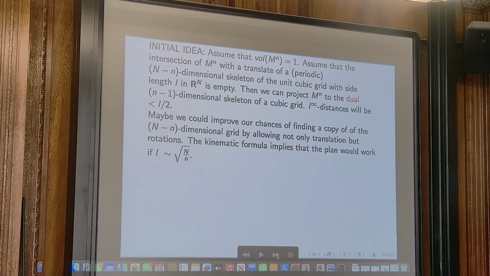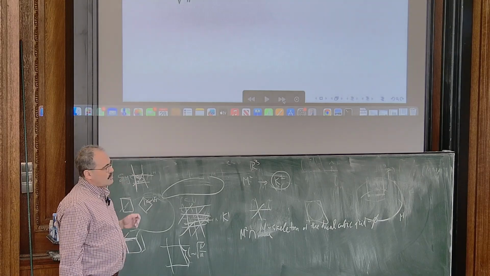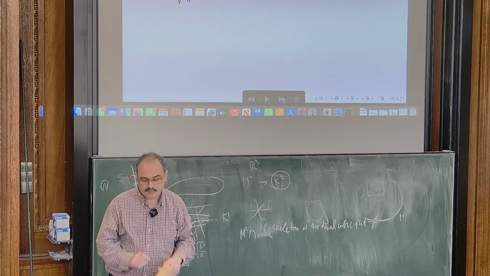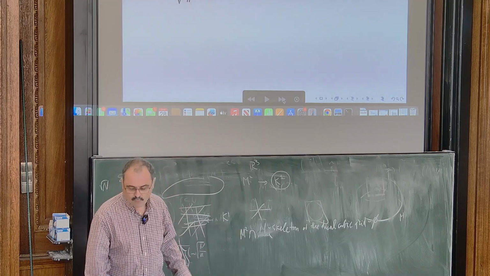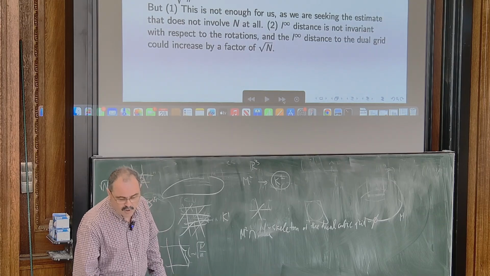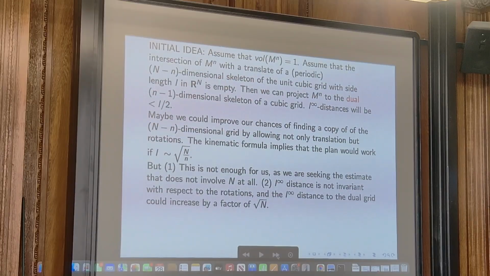So if we apply this idea, we are going to get a square root of capital N from here, and another square root of capital N from here, and we are going to get a constant which depends on the dimension of the ambient space. So it's not going to work for us for two different reasons. It turns out, however, there is a remedy.